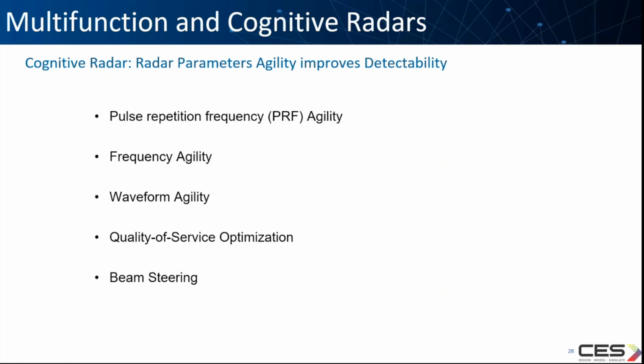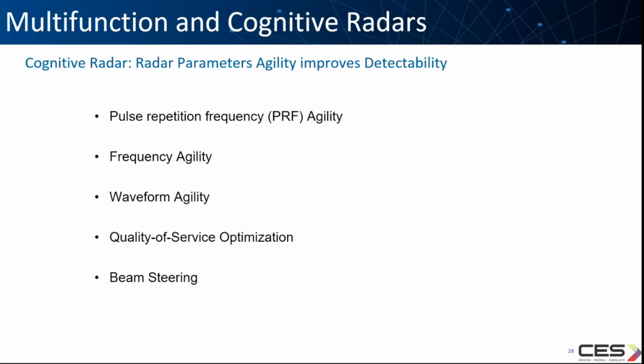And this multifunction radar can become smarter and learn from its environment. Meaning that a radar can adapt to its environment by changing a few parameters, or maybe switching between different waveforms, or even steering the beam toward a specific area.